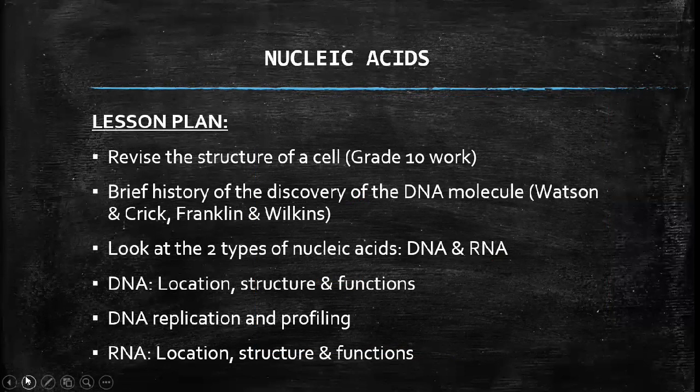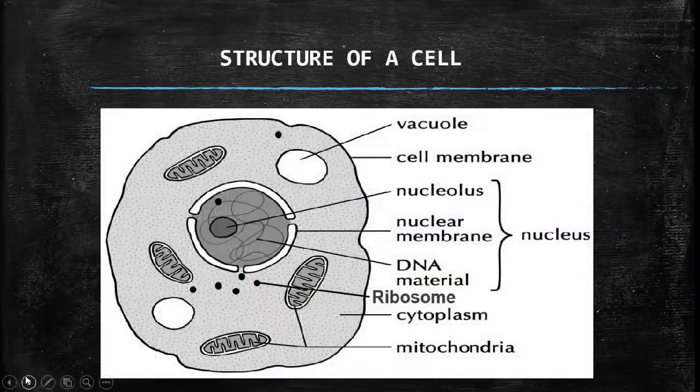Also for DNA, we are going to discuss DNA replication and DNA profiling. And last but not least, we are going to look at the other nucleic acid known as RNA, its location, its structure, and of course, its function.